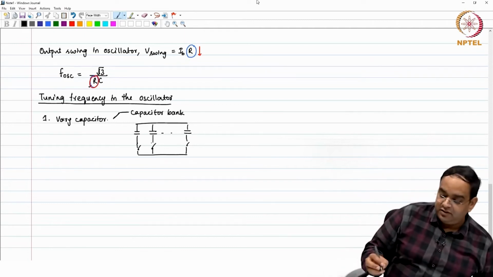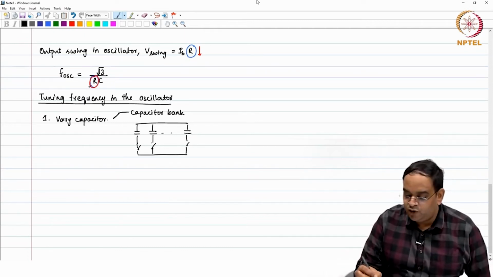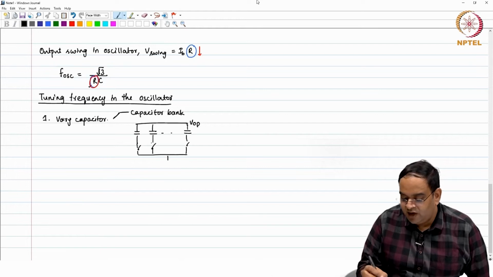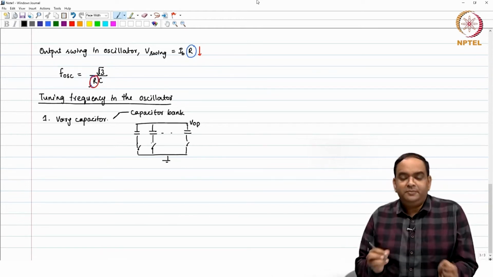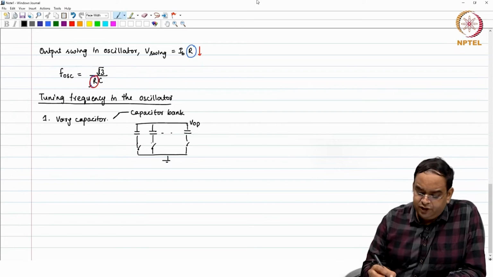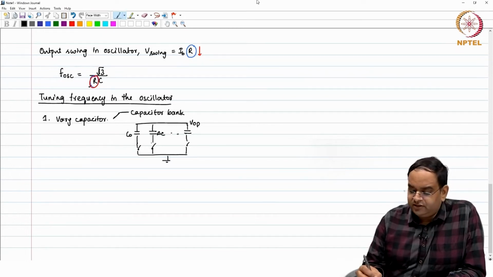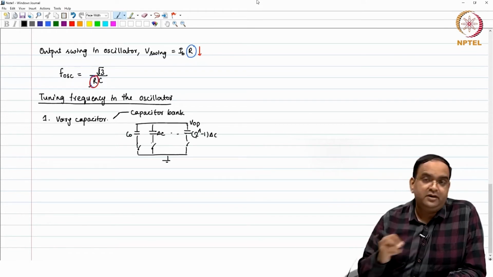Okay. So, at each output node VOP and VON, you can have such capacitor banks and switch the values. So, you can have C naught, delta C, and in a binary capacitor bank you can have 2 power n minus 1 times delta C.